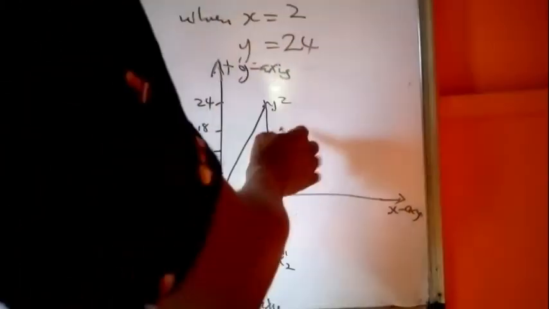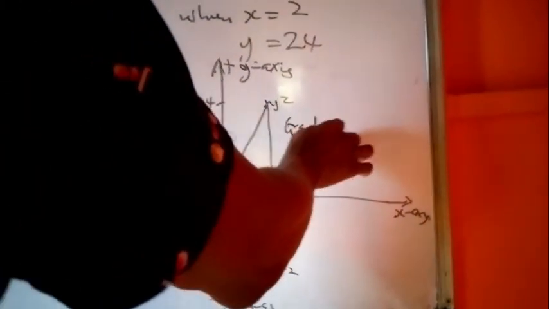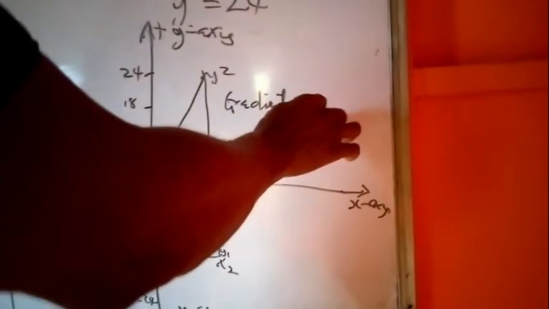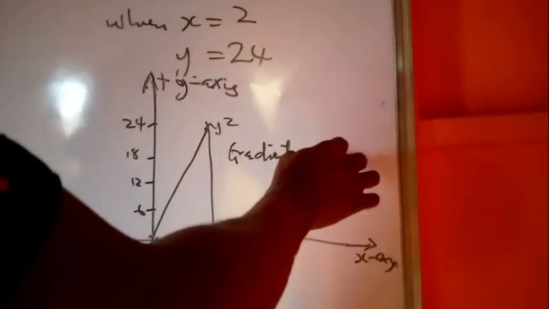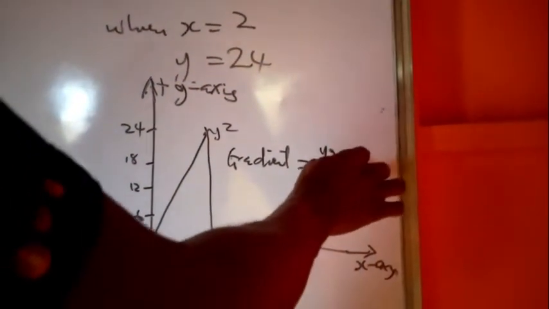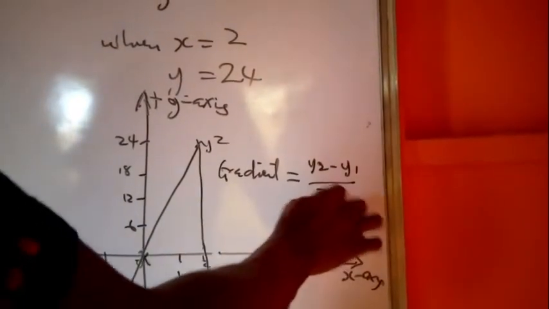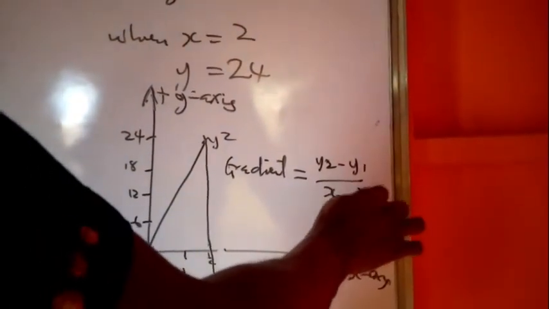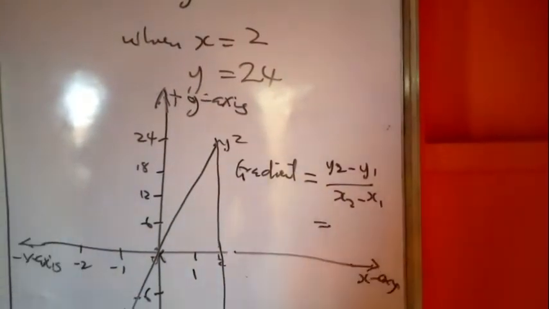So the gradient is equal to y2 minus y1 all over x2 minus x1.